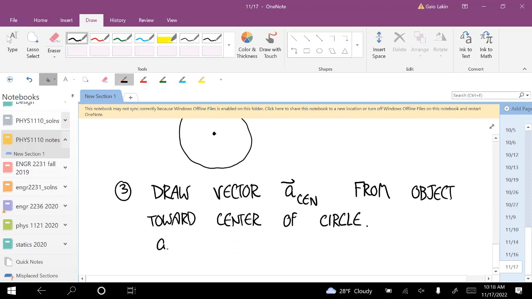And remember that the magnitude of this is speed squared over r.